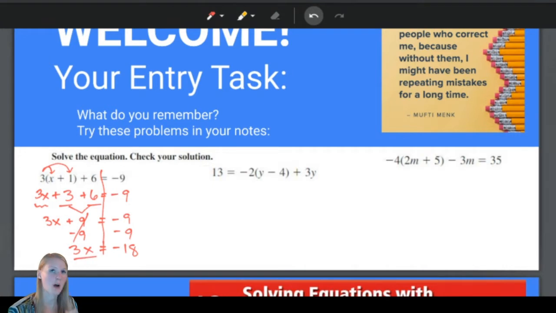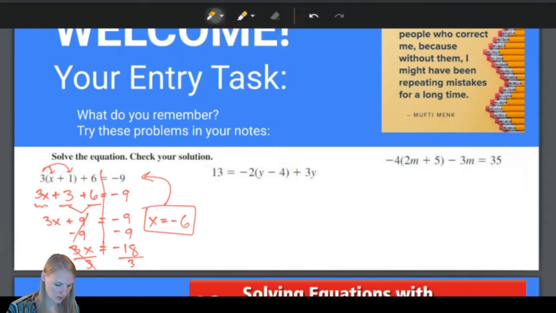And then, of course, the opposite of multiplication is division. So we will divide by 3 on both sides. And x equals negative 18 divided by 3 is negative 6. And remember to plug that back in to check your work.